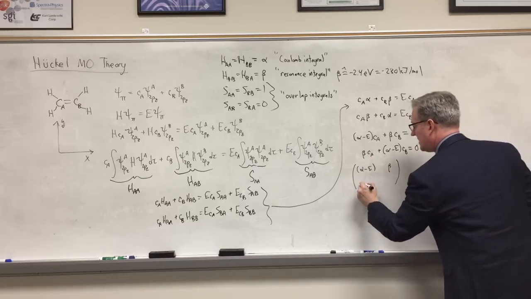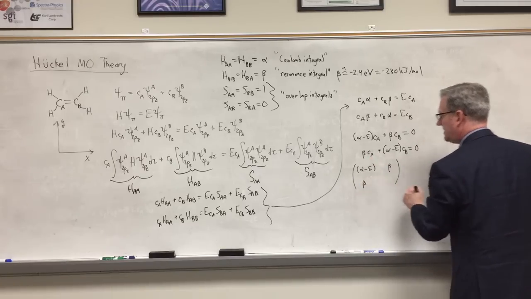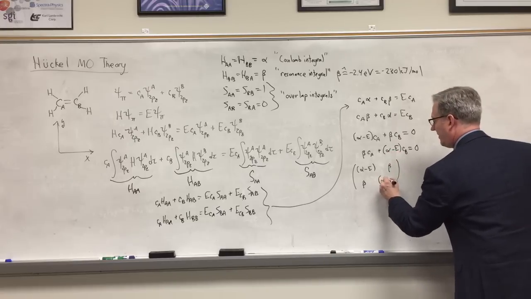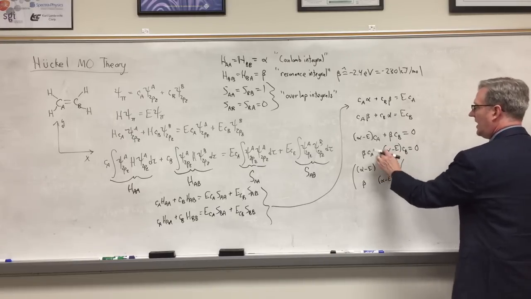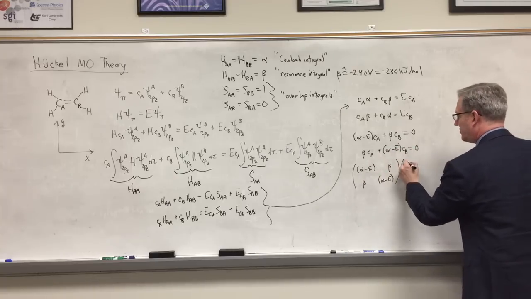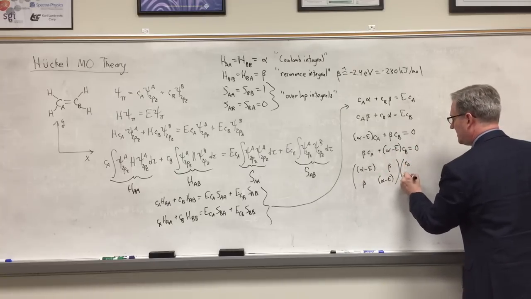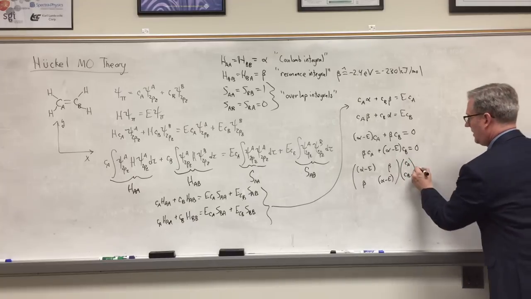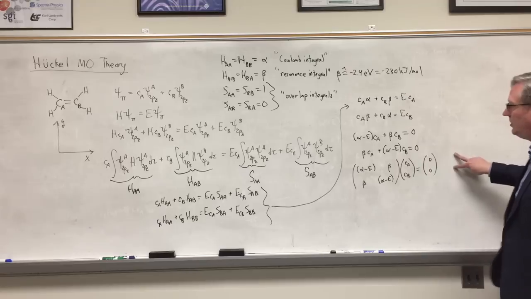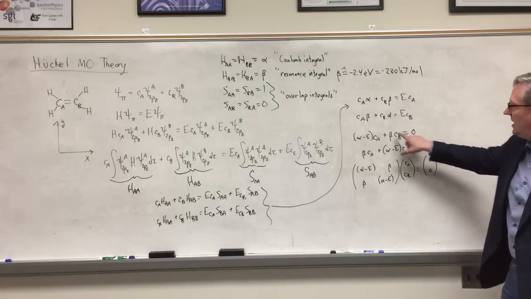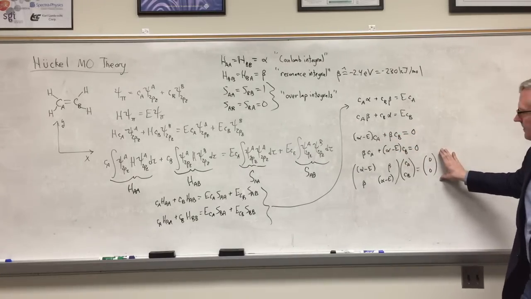The next one has beta in place, and then alpha minus E. That's the matrix of coefficients, and then the vector of the C coefficients is just simple. And this equals a vector of zeros on the right. It is 2x2 because I have two equations and two coefficients.